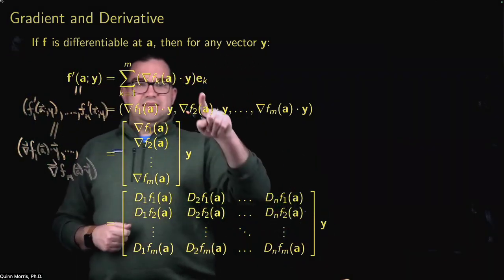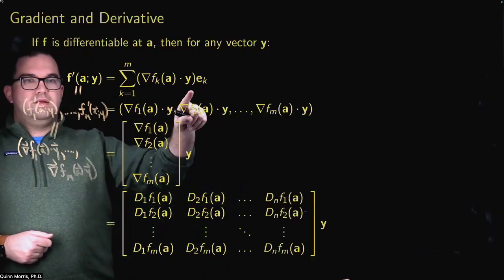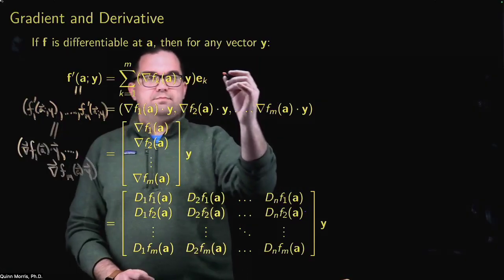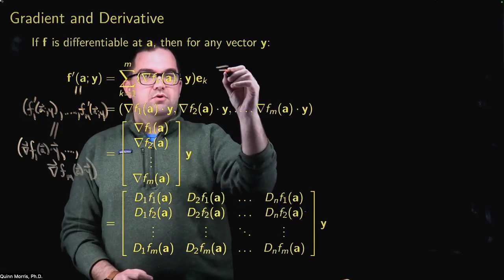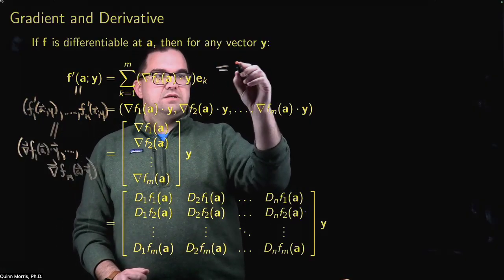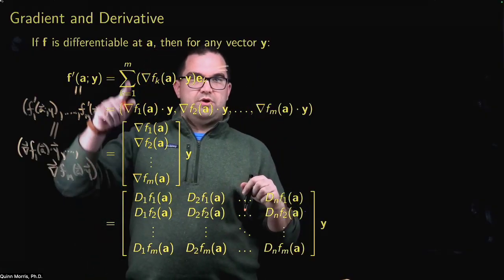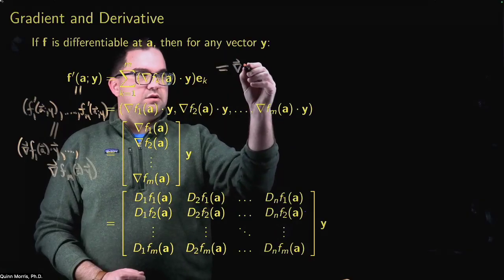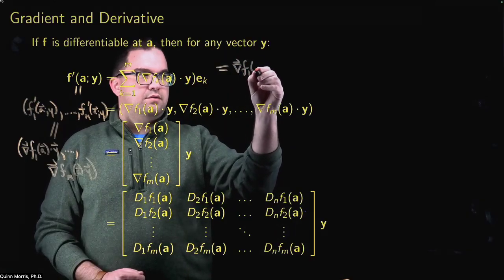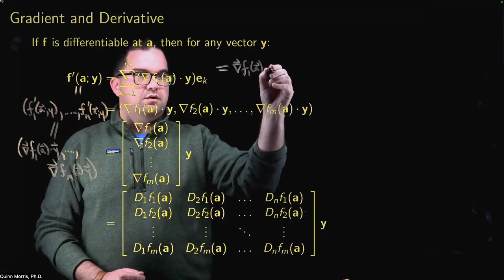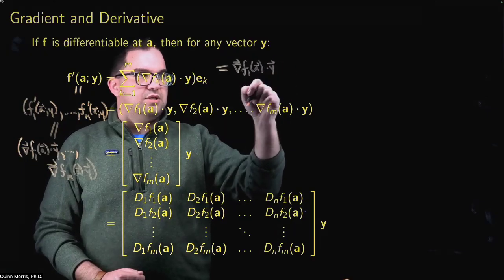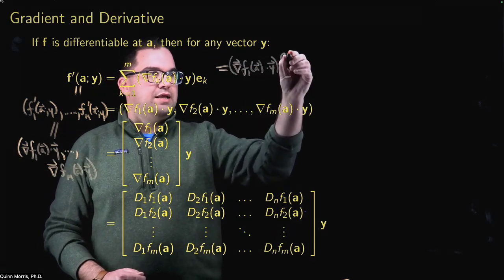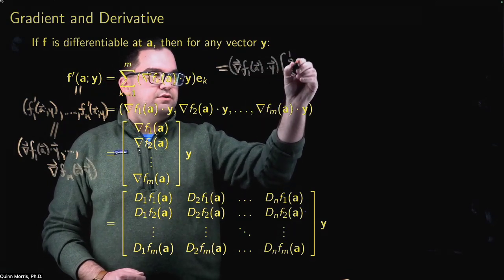Now, I can then decompose that into each component. If I write this out, really what this is saying is this is a sum for k equals 1 up to m. The first term is just the gradient of f1 at A dotted with y. That's a scalar quantity times the vector E1. E1 is just 1, 0, 0, 0, 0.